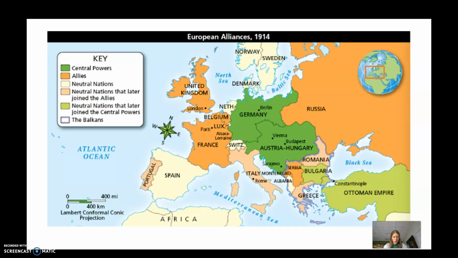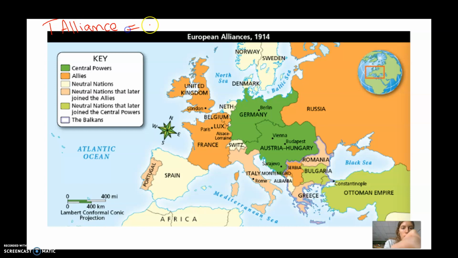Now, on your notes, I have a little list that you have to do. You are listing off which countries are involved. So what you're going to do is take a look at this map here. Now, in class, we did not talk about who the Central Powers were and who the Allies were, because it changes names. We talked about how the Central Powers used to be called the Triple Alliance.